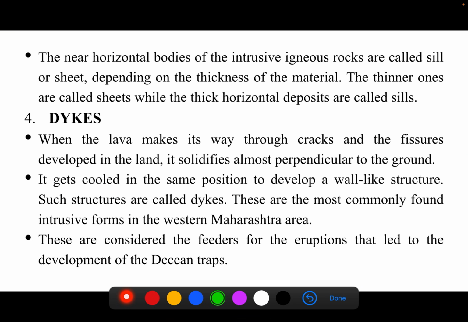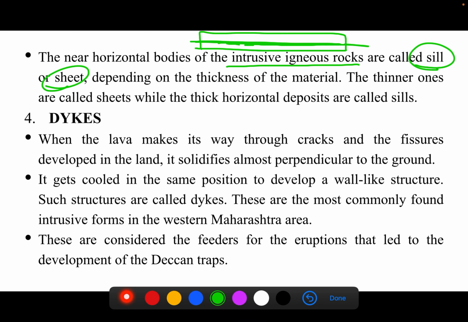The near horizontal bodies of intrusive igneous rocks are called sills or sheets, depending on the thickness. The thinner ones are called sheets. You can remember a sheet because it is so thin. If this rock is horizontal like this, solidified magma, it is called a sheet. When the thickness is more, it is called a sill.